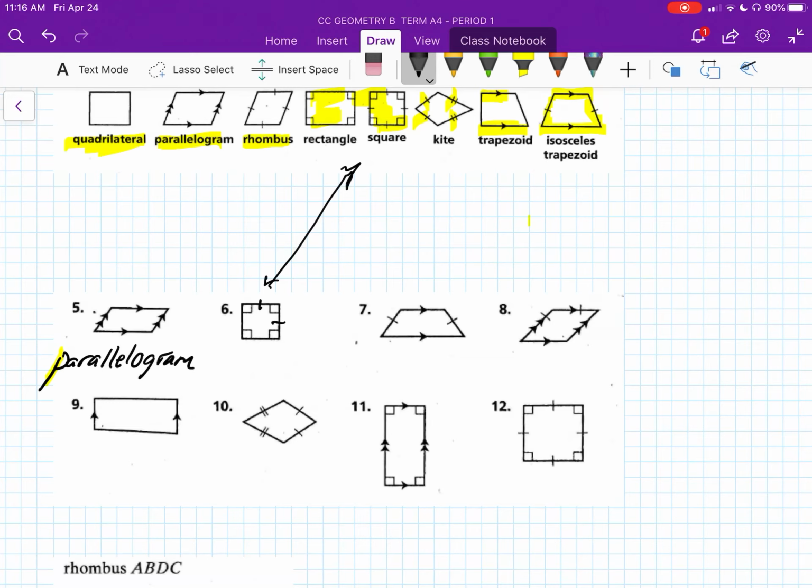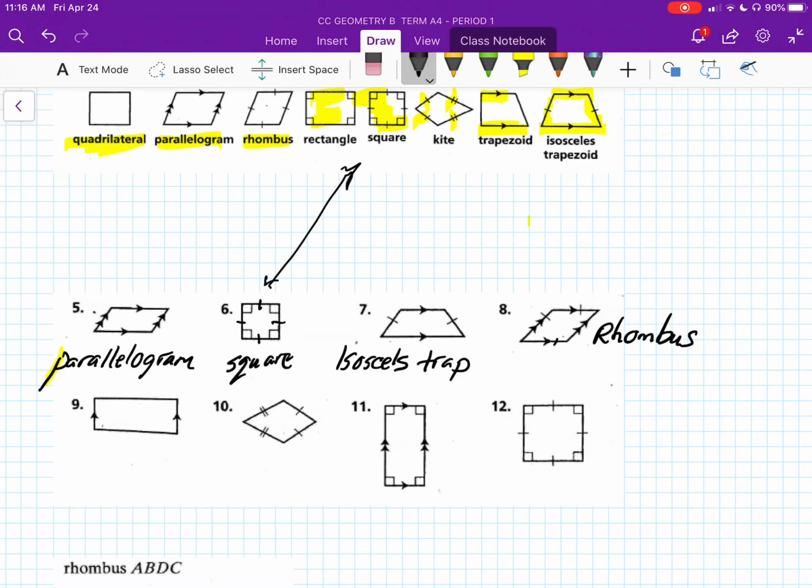So we're going to go ahead and call this one a square. If it looks like a square, it's a square. The next one, number 7, looks just like the isosceles trapezoid. Isosceles trap, we can just say trap. And then the last one, it's hard to see this, but it looks like this one is the rhombus.